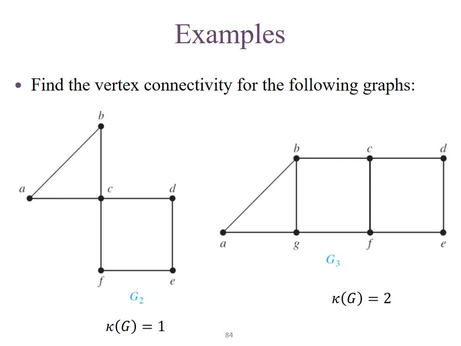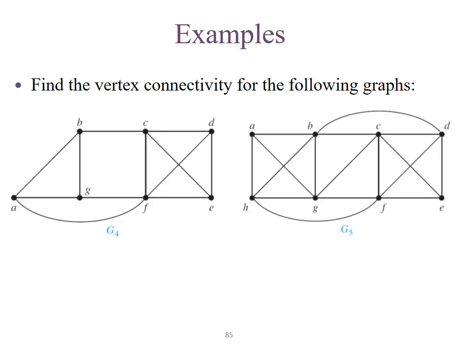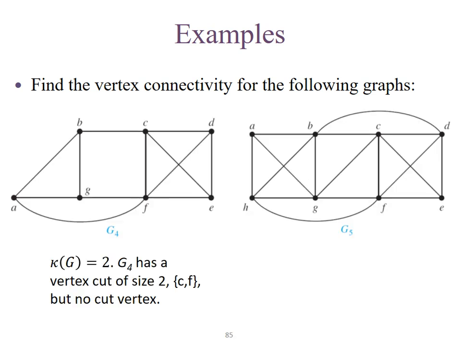And then for G3, actually we can see we have A here. So if you remove B and G, then it will be disconnected. So for G3, kappa of G will be 2. Okay, so maybe you can try these two examples. What is the vertex connectivity? The minimum number of vertices you can remove to make it disconnected.